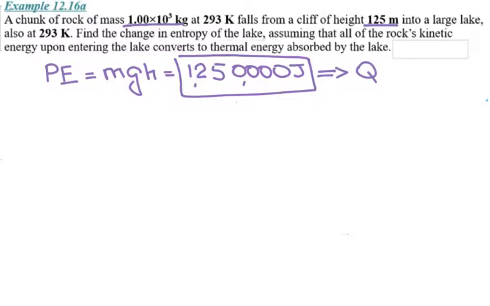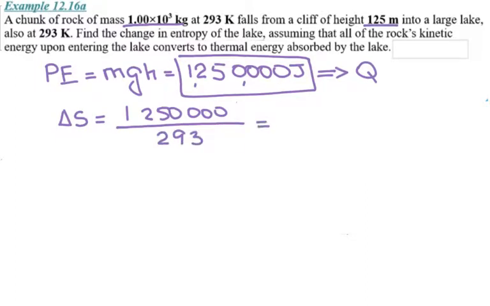If all of this is happening at room temperature, 293 Kelvin, 20 degrees Celsius, then the change of entropy of the lake is equal to the heat that was transferred, 1,250,000, divided by 293 Kelvin, and that will give me 4,266 joules per Kelvin.